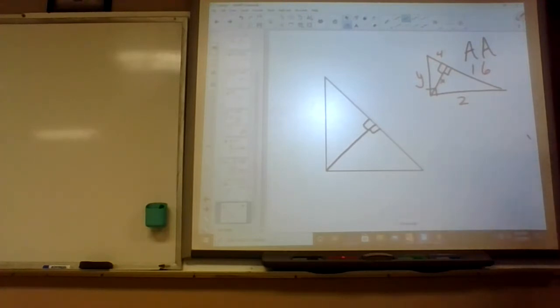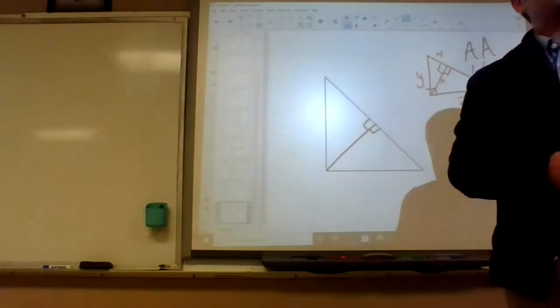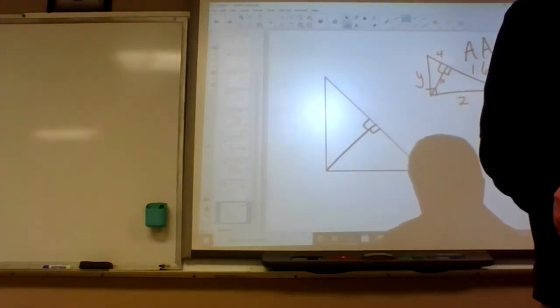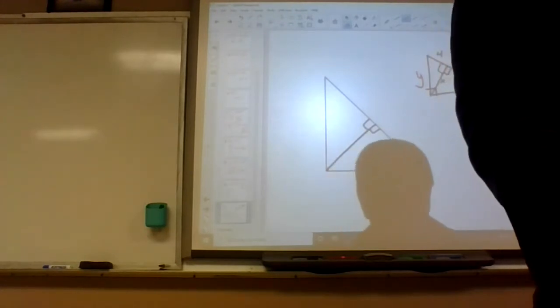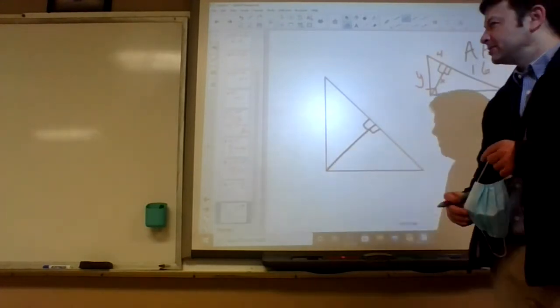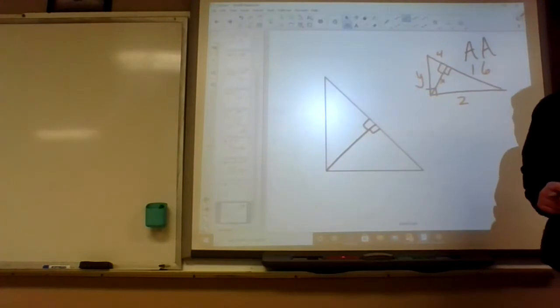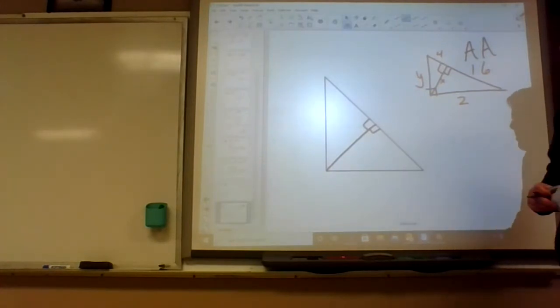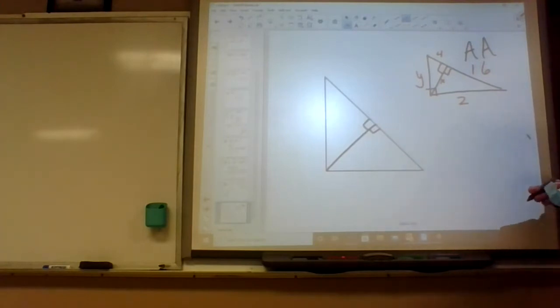You guys remember how on Friday we solved the missing parts in similar shapes? You guys remember how we did that? Set up proportions. Yeah. That was Friday, not yesterday.